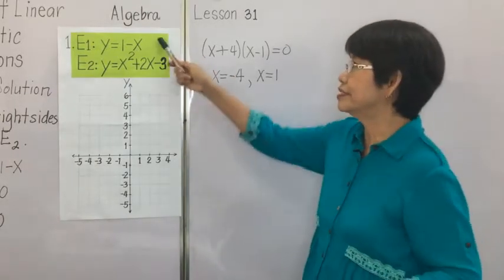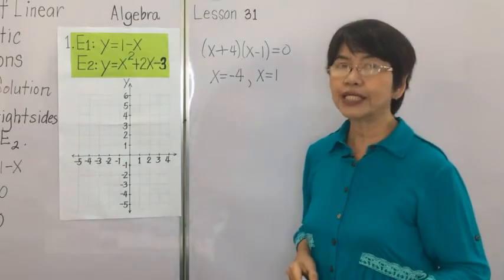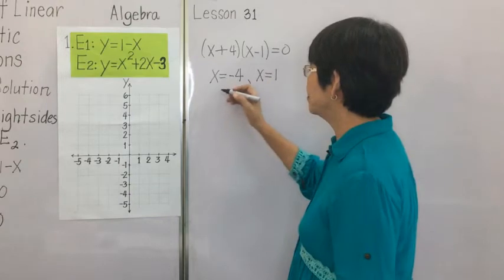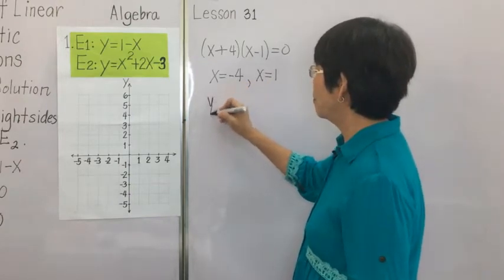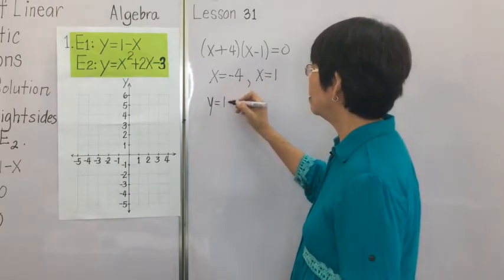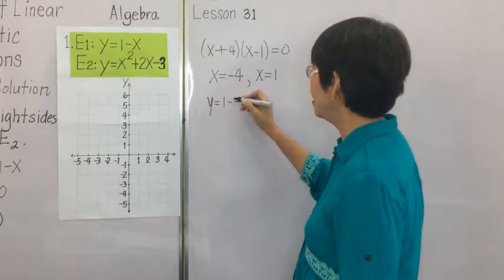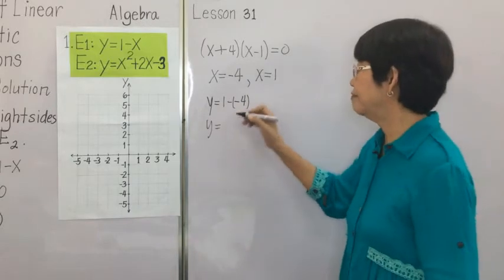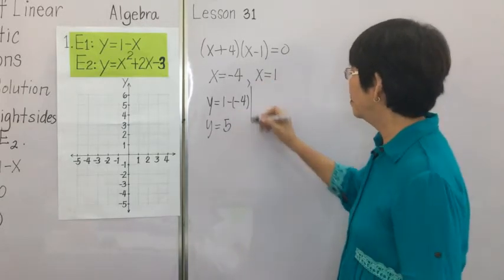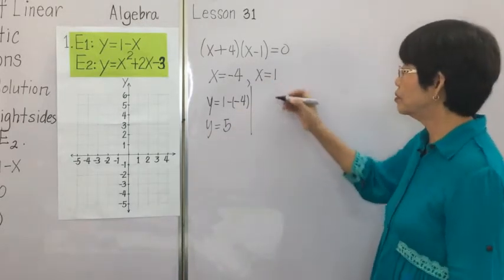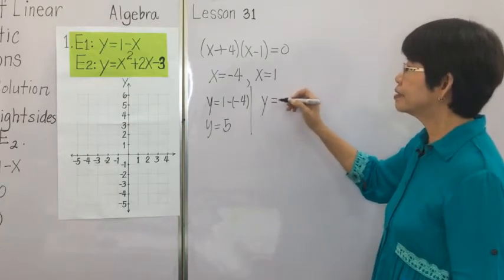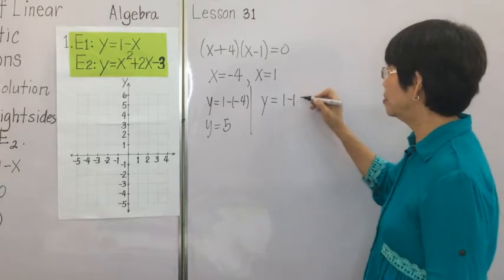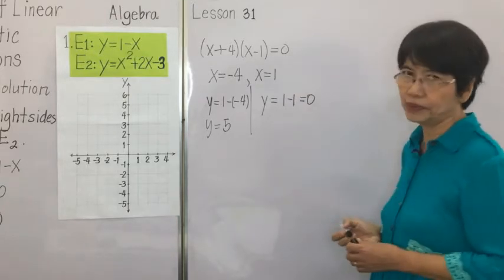But of course, it is easier to substitute it in equation 1. So at x is equal to negative 4, y is equal to 1 minus negative 4, and y is equal to positive 5. And at x is equal to 1, y is equal to 1 minus 1 or 0.